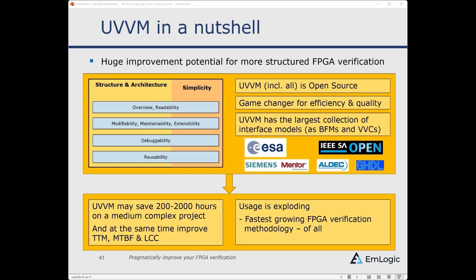I think in both companies on the current ESA project, there are a total of 6 persons working on this in parallel. And then there are an additional 2 persons working also on other UVVM issues.